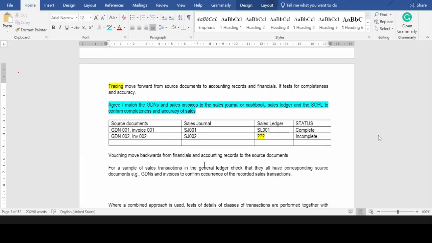Now, these transactions, they are recorded here. For example, you may find SL 004 here in the ledger. You move backwards now. You check, is there an SJ 004? If it's there, that's okay. But if you find nothing here, that means this is a fictitious transaction. It never happened.